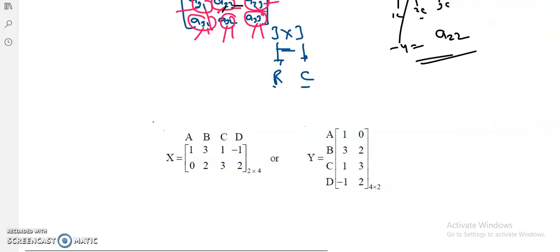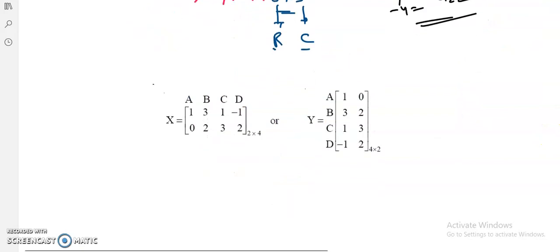So coming to this example here, these are two different types of matrices with respect to the orders. Here, if you want to mention the order of this matrix, then you have to find out how many rows are there and how many columns are there.